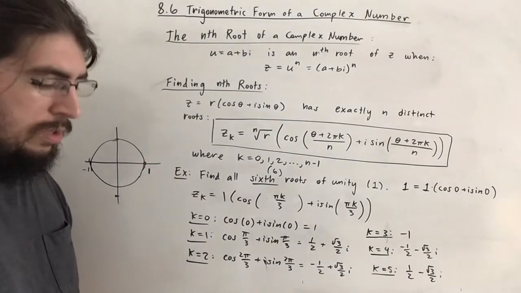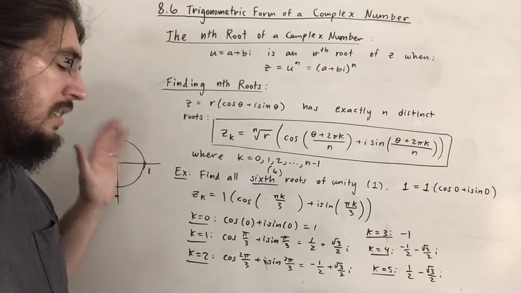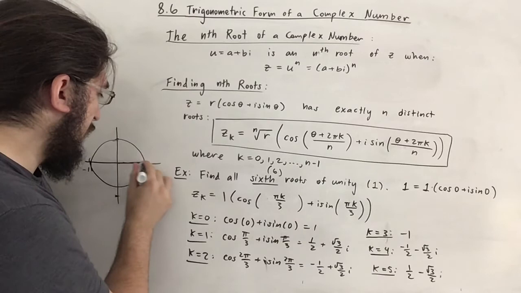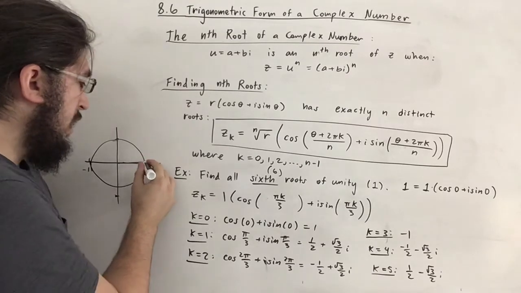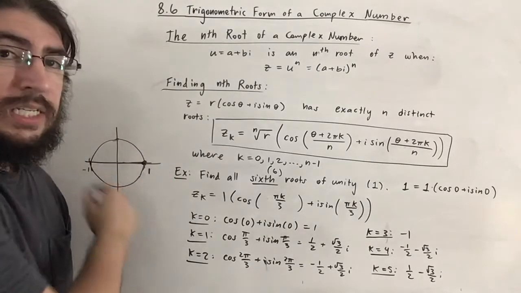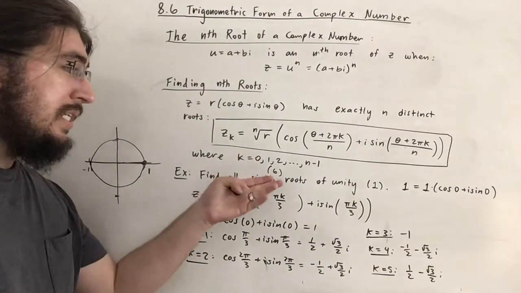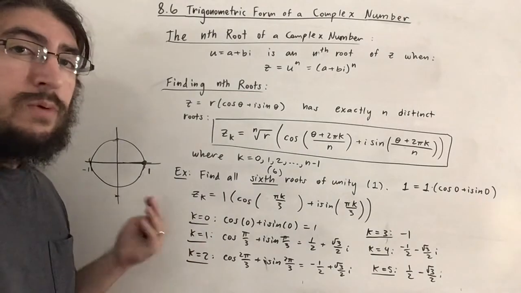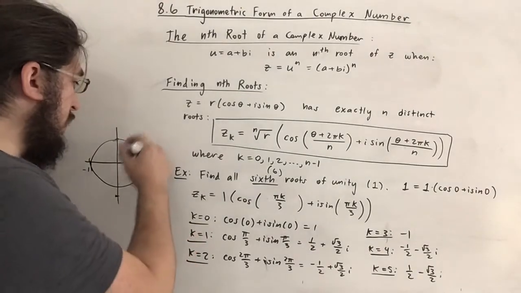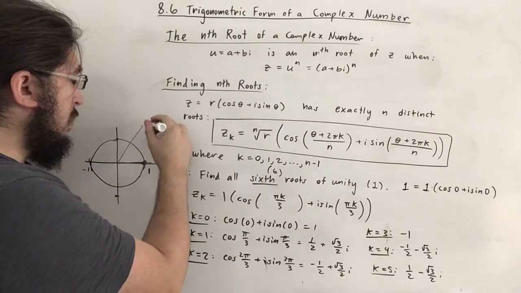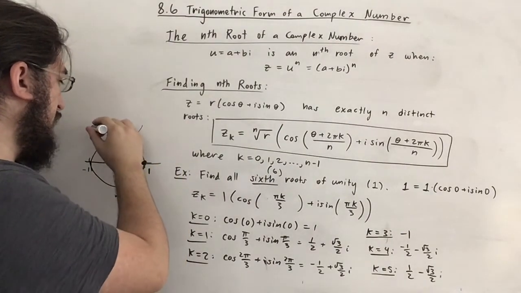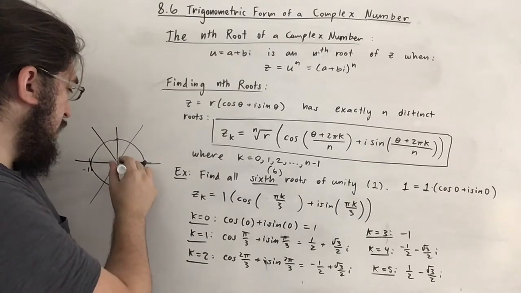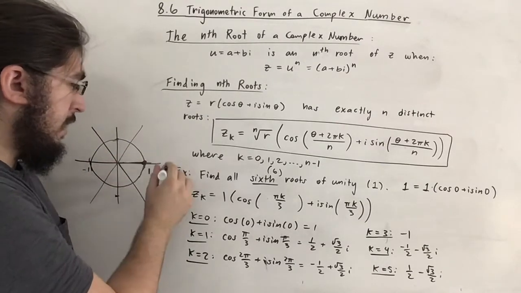Okay, so now what I want to do is split this into 6 equal slices, using this as one of my slices because this is where we start. I'm basically going to travel 360 degrees total, but we're splitting it into 6 because we are taking the 6th root. So 360 divided by 6 is 60, so I'm going to travel 60 degrees each time, which will get me over here, then another 60 gets me over here, then here, then here, then here, and then back here.